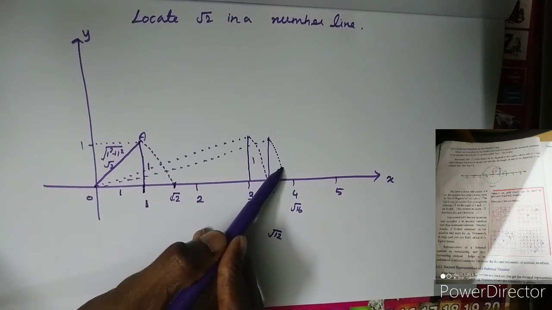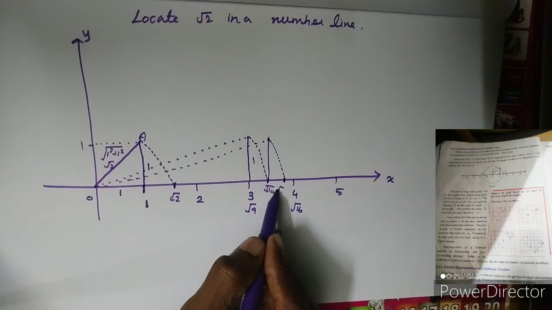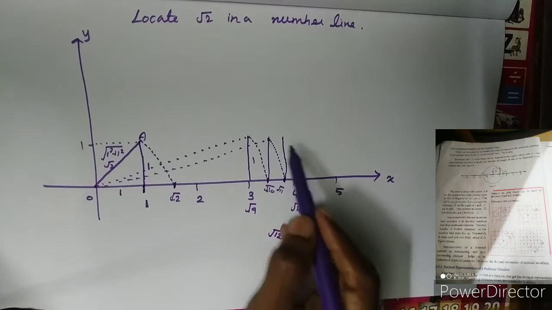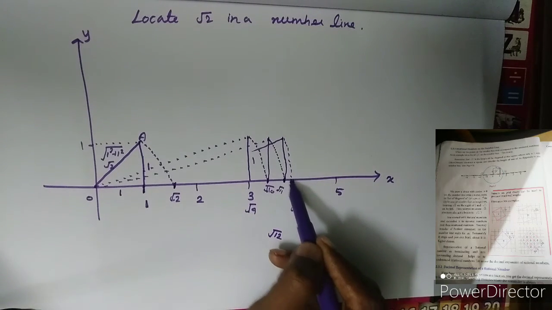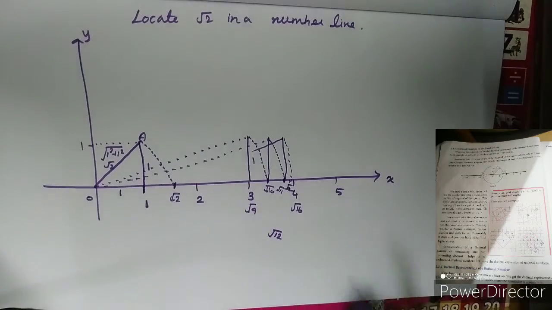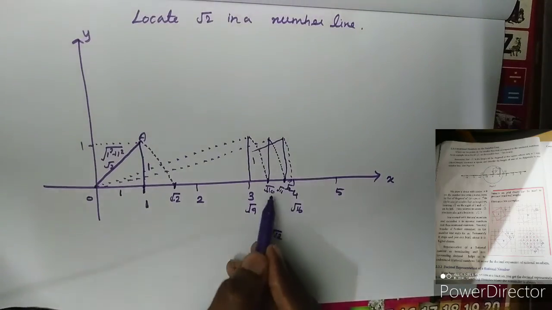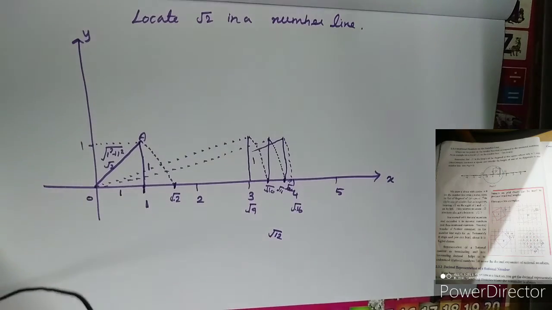Draw the arc. This arc cuts the x-axis at the point root 11. Then again draw a height of 1 unit, make the diagonal, and draw the arc. The arc cuts the point root 12. This is root 12. So root 11, root 12, root 13, root 14, root 15, then only root 16.